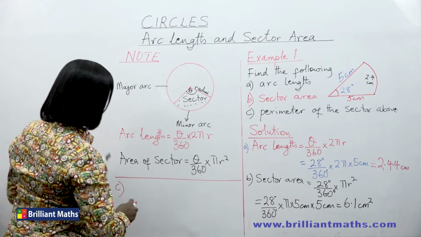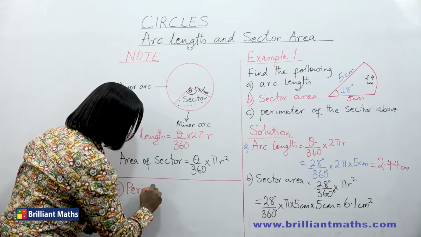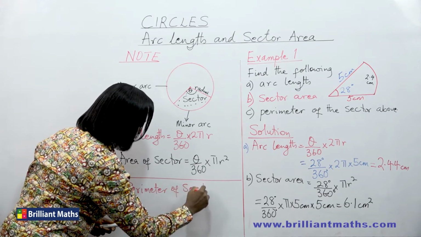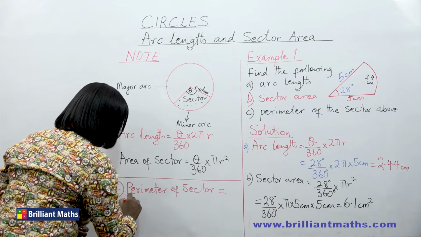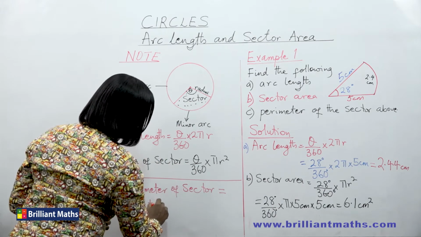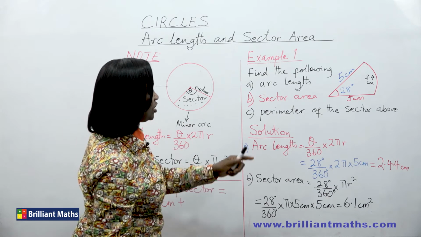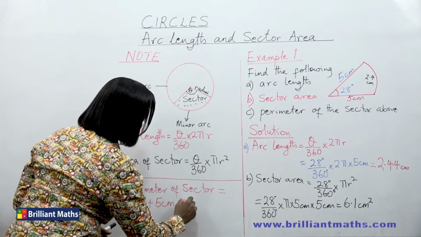So, perimeter of the sector will be equal to 5 centimeters plus 5 centimeters plus the arc length, which is equal to 2.4 centimeters to 1 decimal place.